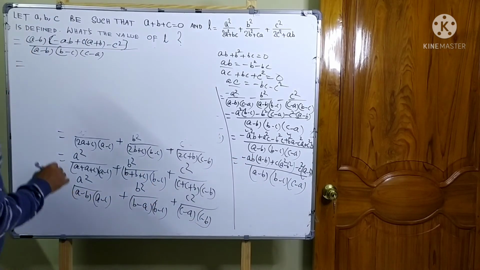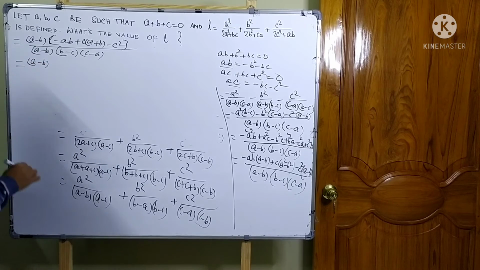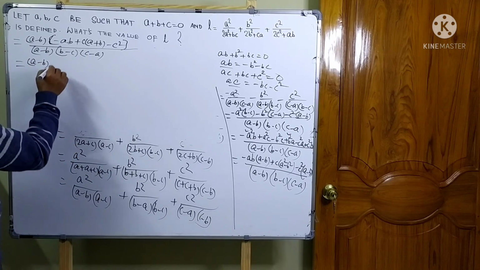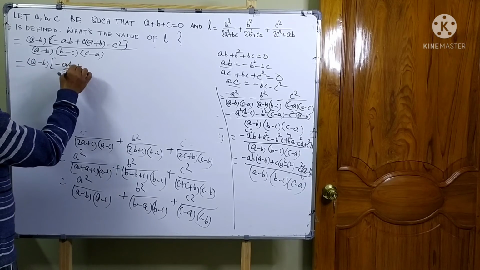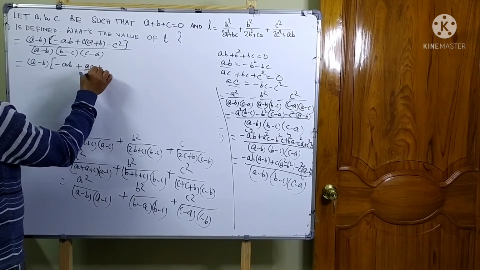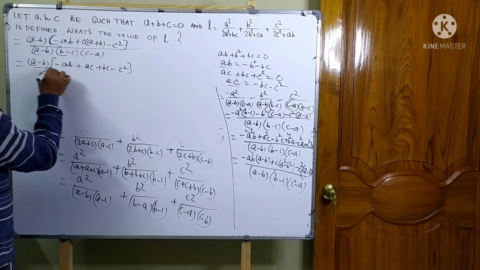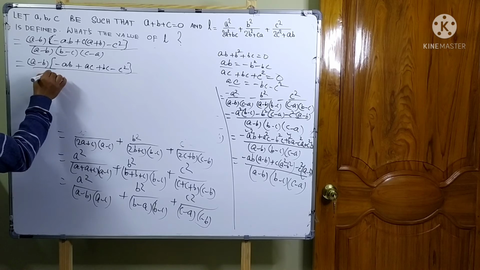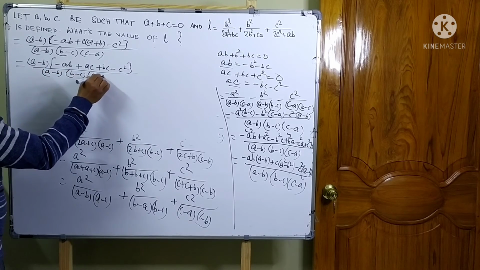Here we have a minus b multiplied by minus ab plus ac plus bc minus c square, over a minus b, b minus c, c minus a.